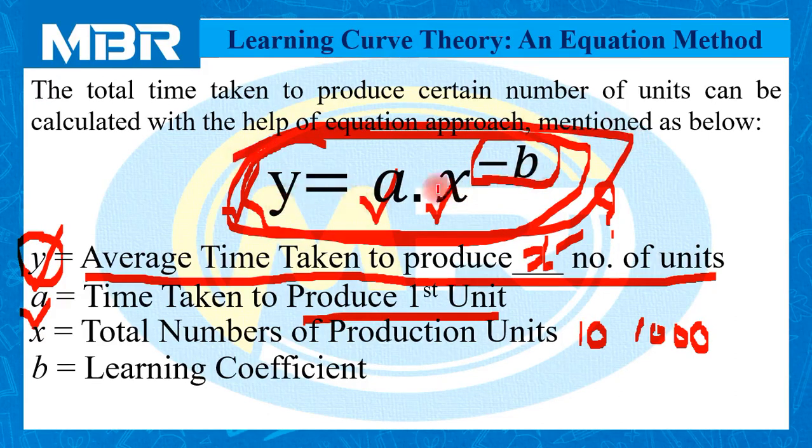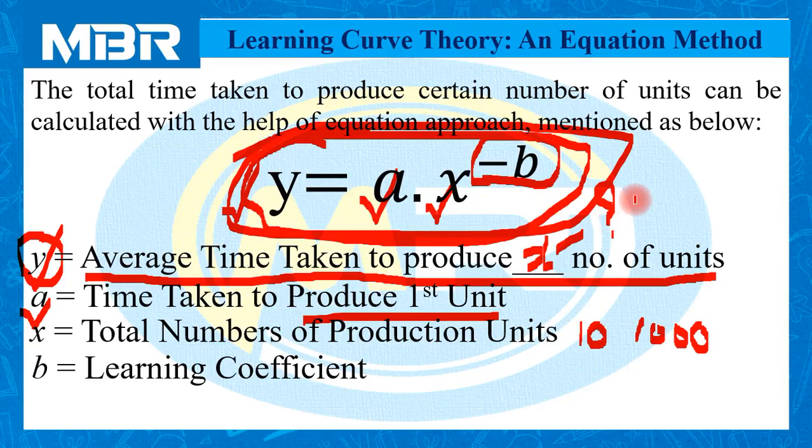So in this formula, we have four factors, and the examiner may provide us information in such a way that three variables are given to us, and using this formula we have to calculate the fourth one.